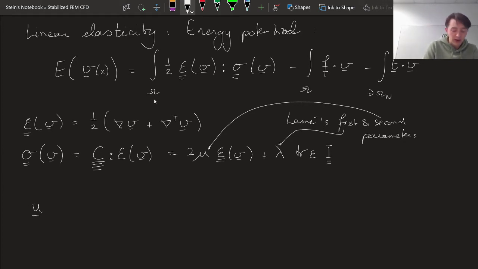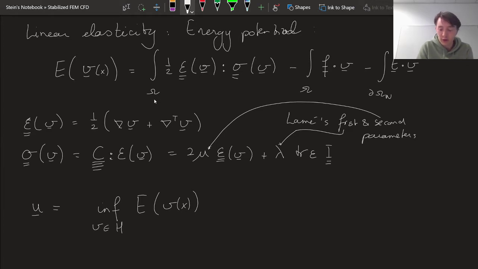So now we're going to define our solution u as the solution that minimizes the energy potential for all possible functions that are permissible.